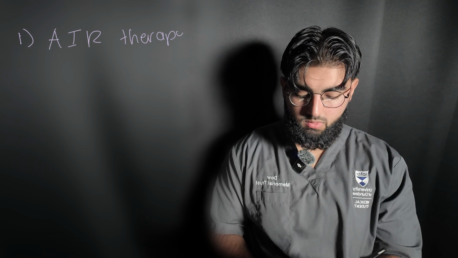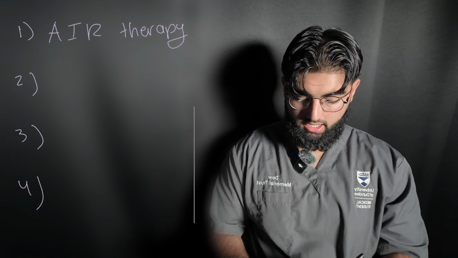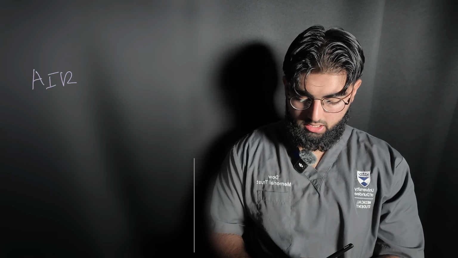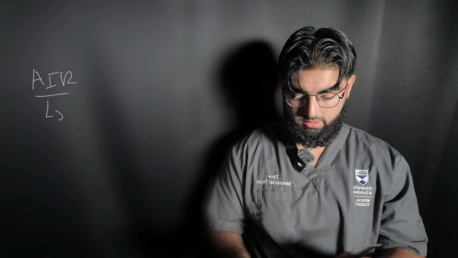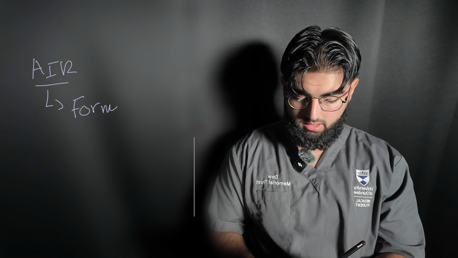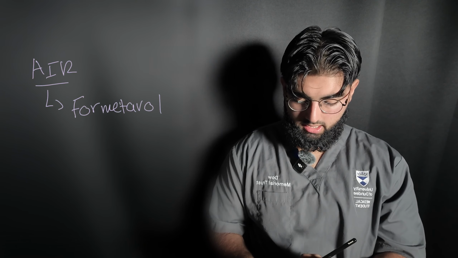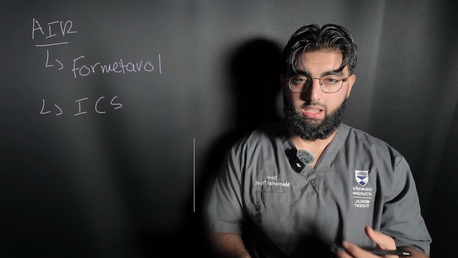Okay, so let's have a look at what AIR therapy actually is. Now, AIR therapy is essentially a combined inhaler. That's essentially what it means. It's a combined inhaler of formoterol and ICS. Okay, inhaled corticosteroids.